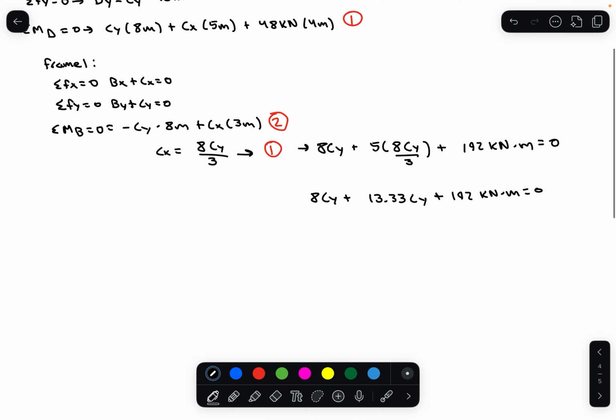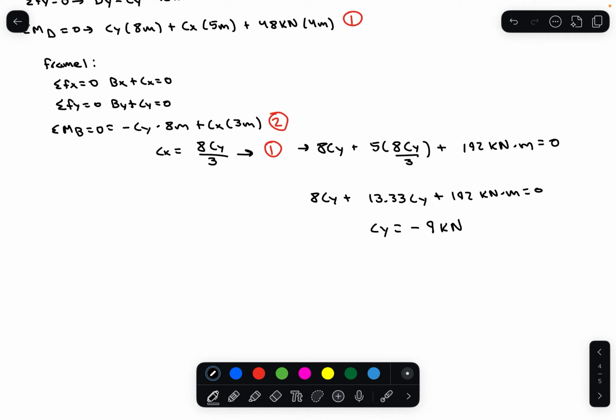Okay, so we can now go ahead and just solve simply for Cy. So take the 8 and add it to the 13.33, right? And then take 192 divided by that number, and it'll come out to be negative, because we have to subtract that 192 over. So this comes out to be roughly negative 9 kilonewtons. Okay, cool.